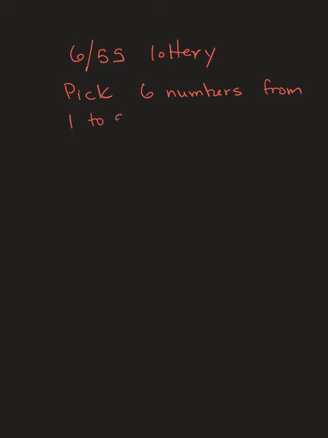All right, so let's look at something called a 6/55 lottery. So a 6/55 lottery, what that means is that you pick 6 numbers from 1 to 55. And that's including the 1 and the 55 as well.